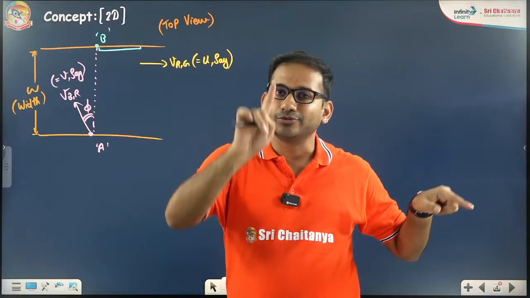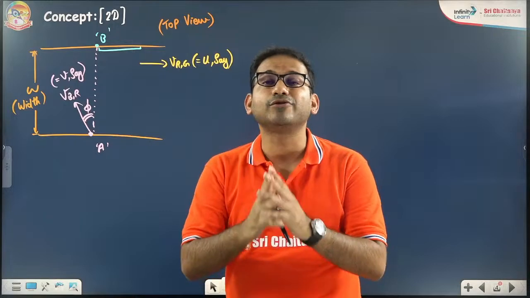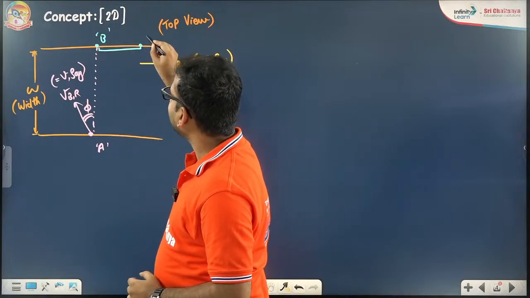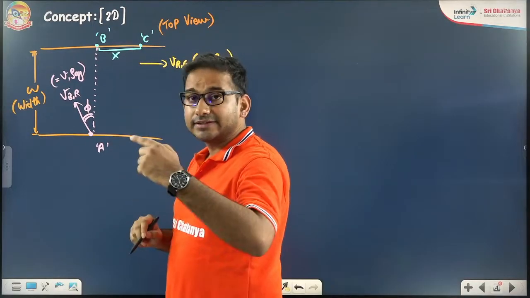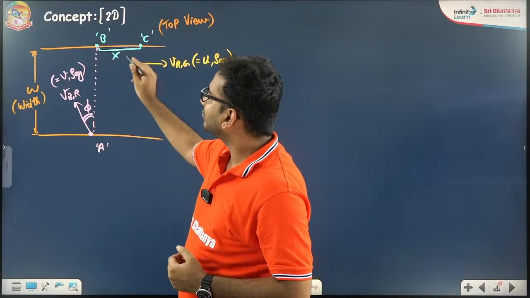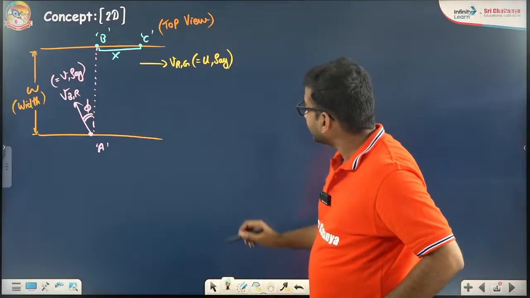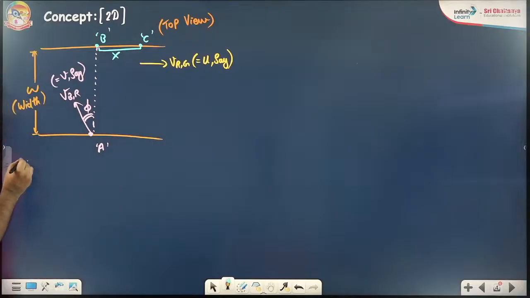So the flow of the river will influence you in this direction, and you will be reaching somewhere here. This distance, the distance traveled in the direction of flow from exactly the opposite point, is called x, that is called drift. So the first thing they generally ask here is time of crossing.